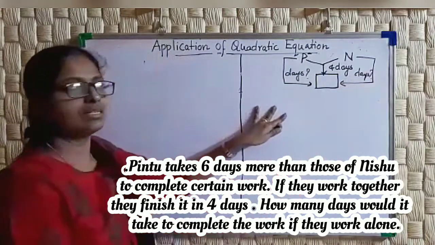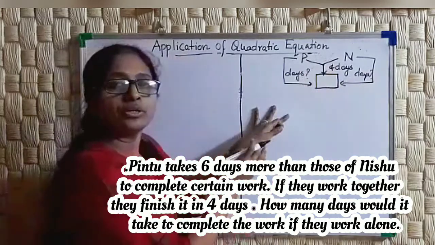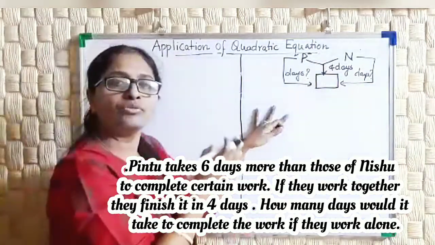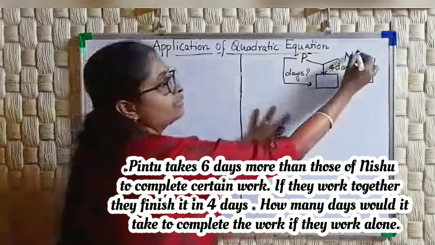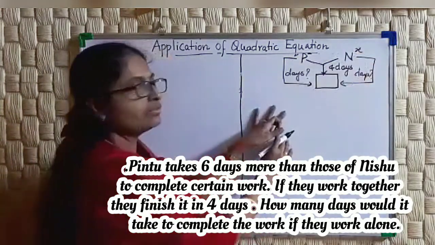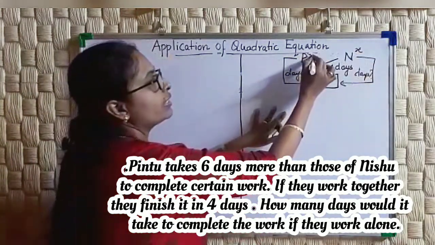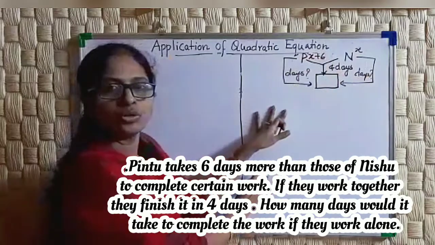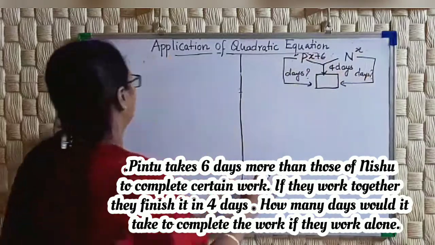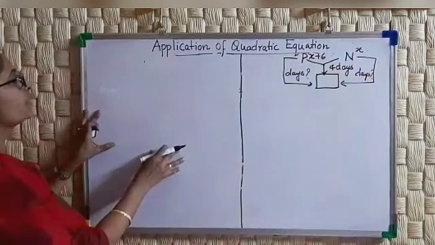What else is given here is Pintu takes 6 days more than Nishu to complete the work. So, if Nishu takes X days to complete the work, then Pintu will take X plus 6 days to complete the work.